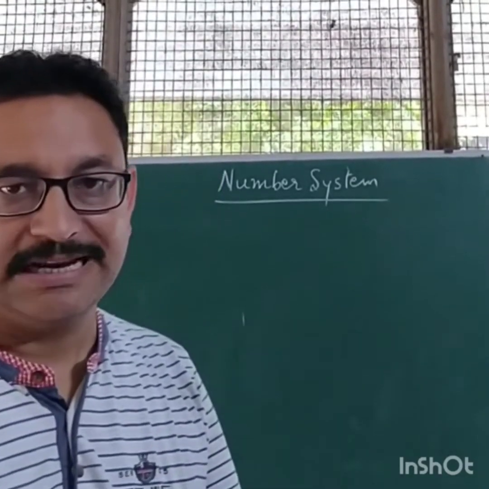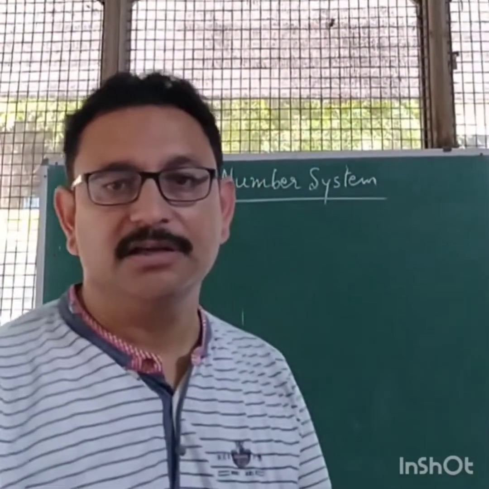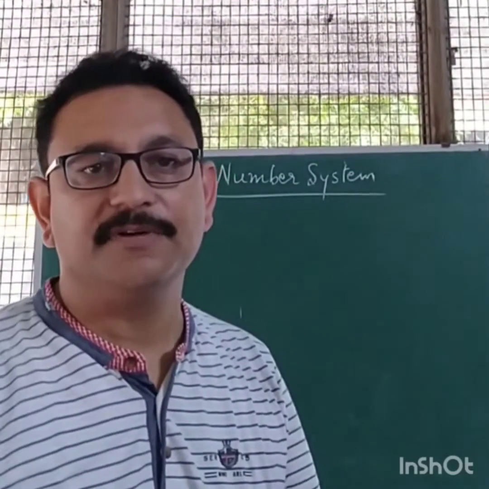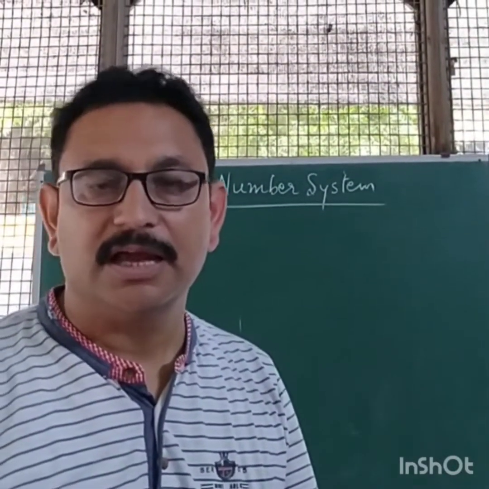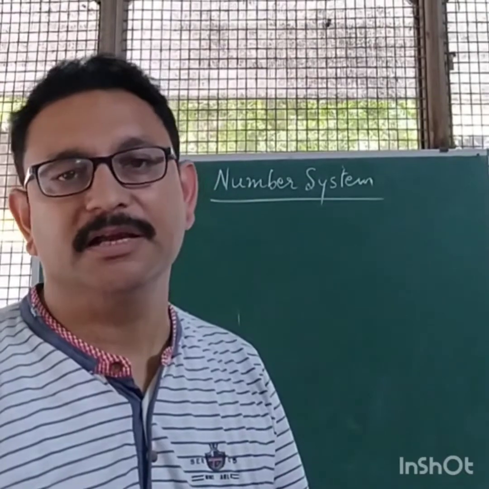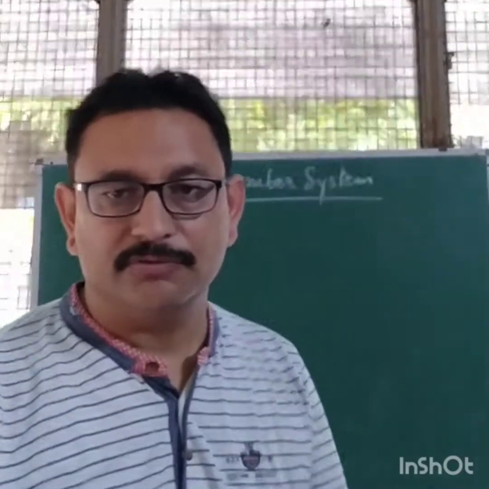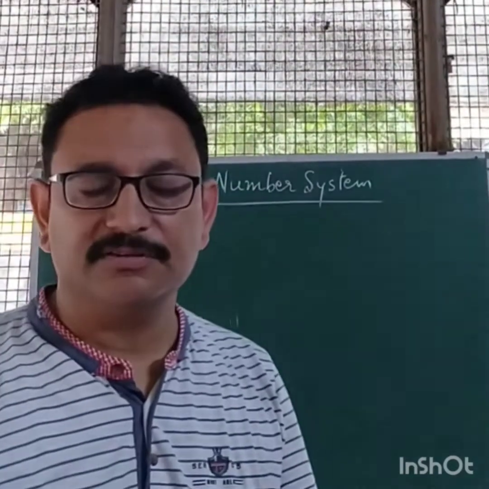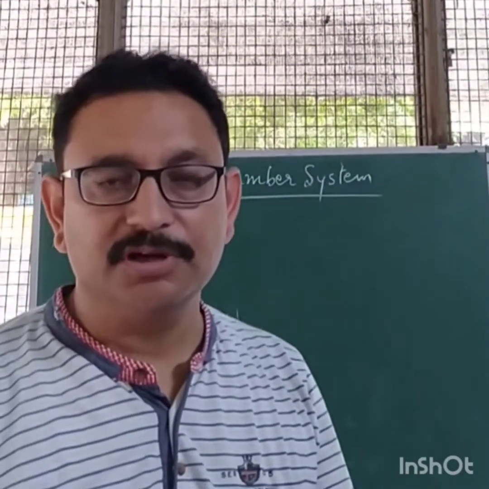Then rational numbers are also defined, and in class 9th there is introduction of irrational numbers, and rational and irrational numbers both become real numbers. So we can say that in class 9th real numbers have been introduced.